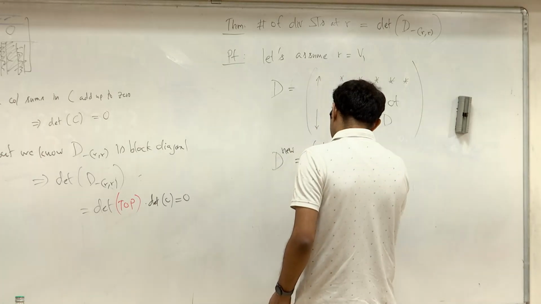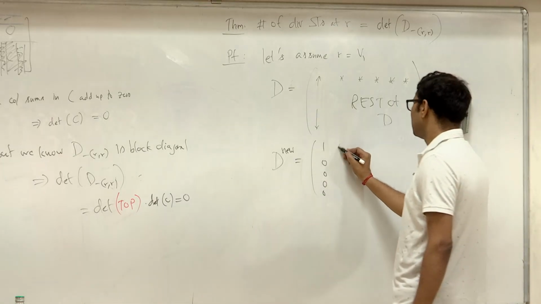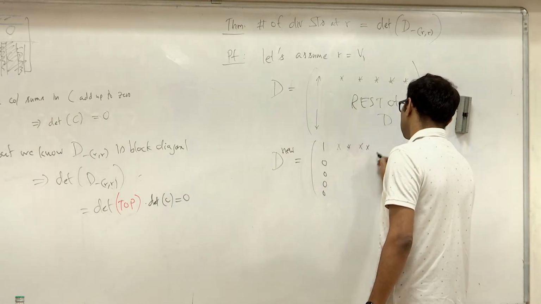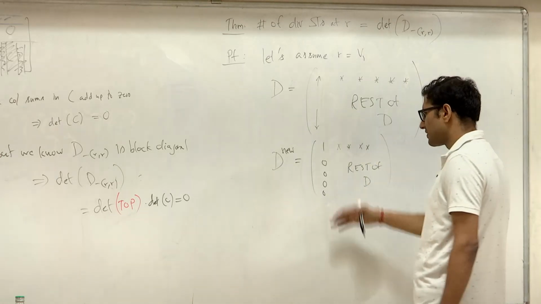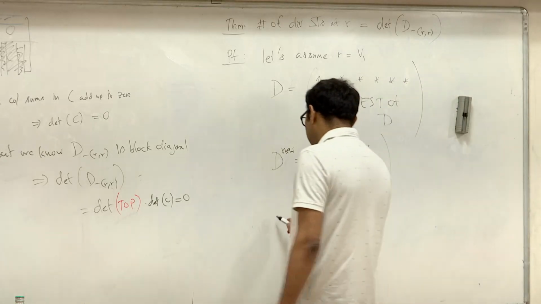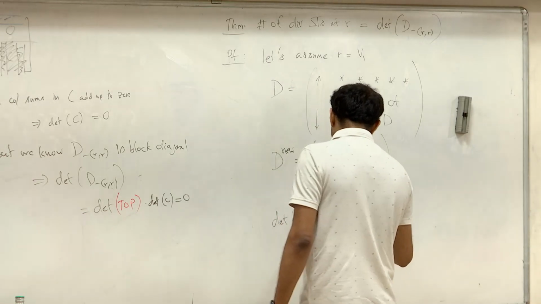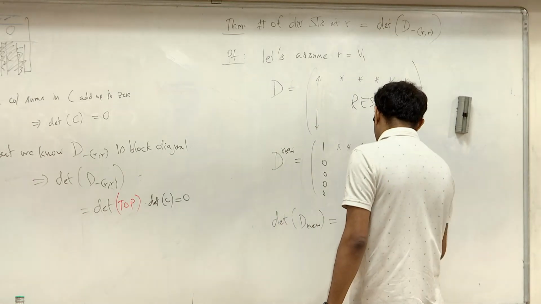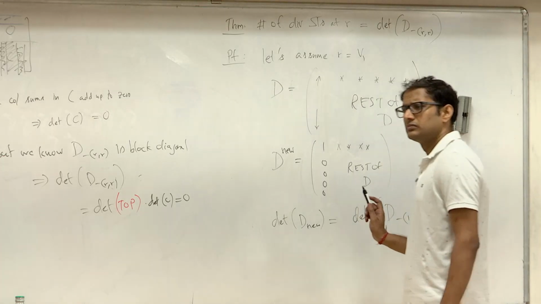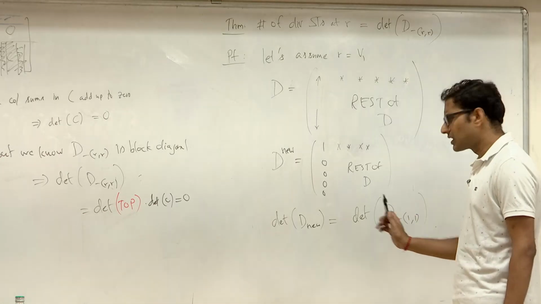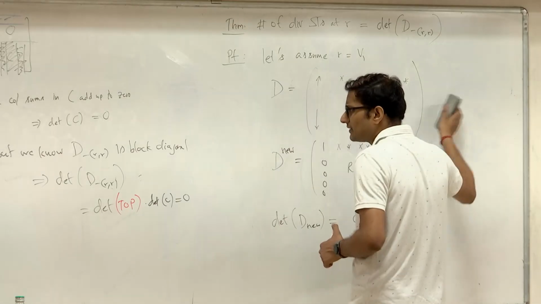In D new, the first column is this vector e1, and you just copy over the rest of D. The idea is that the determinant of D new is exactly equal to the determinant of D with the first row and the first column removed. That's all I wanted.